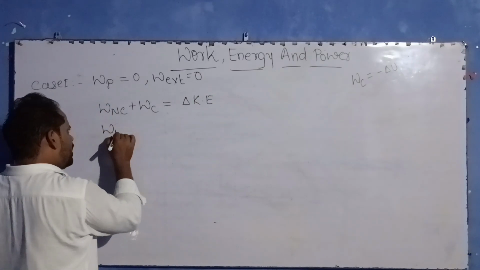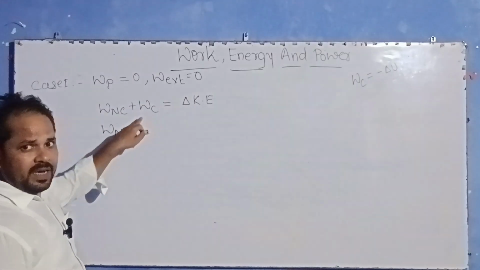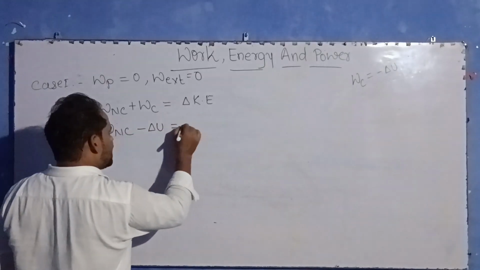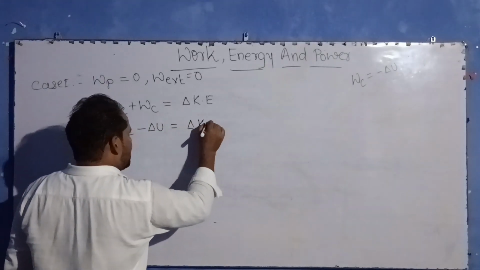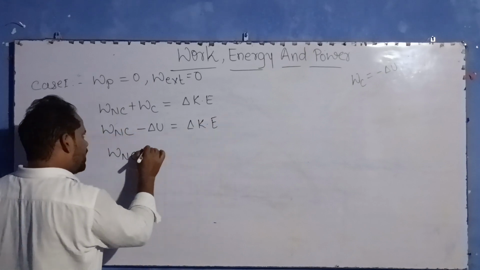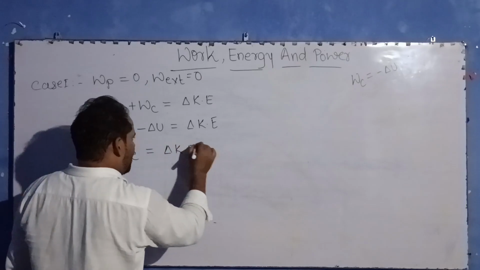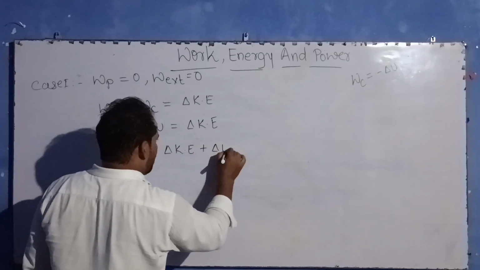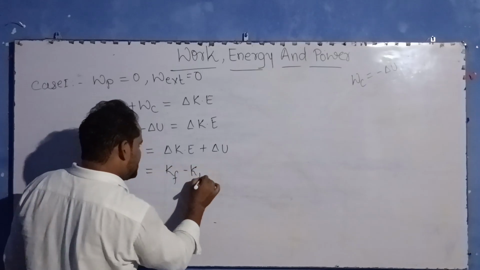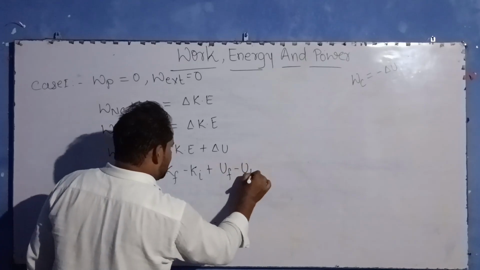Now, work done by non-conservative, and we know that work done by conservative means negative change in potential energy, is equal to delta KE, which we can finally write as work done by non-conservative is equal to delta KE plus delta U, which is K final minus K initial plus U final minus U initial.